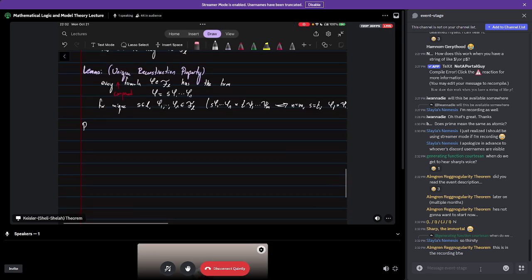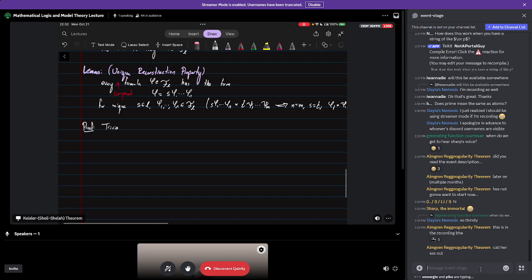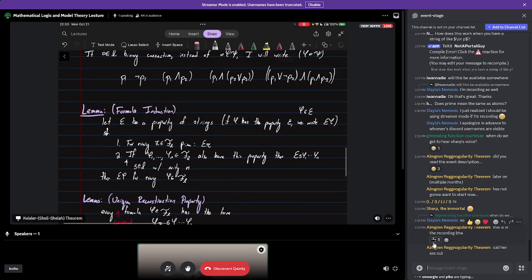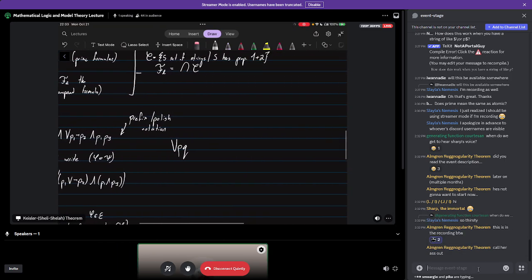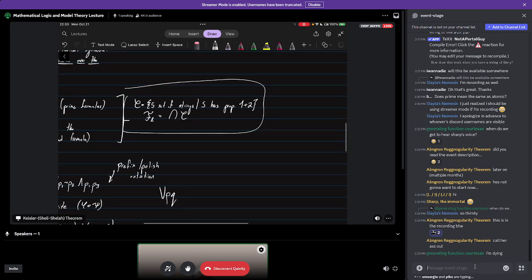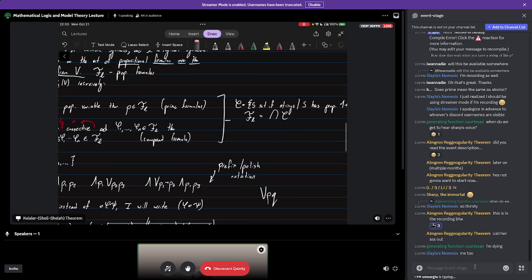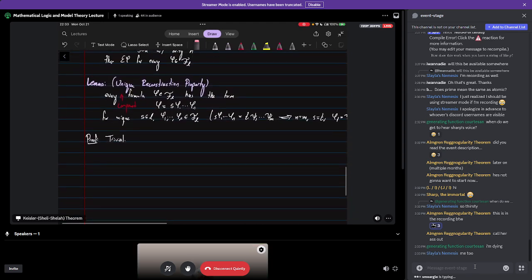And the proof, trivial. The proof is trivial because of this point here. It's the smallest set which has all these properties. And if you look at E, it has these properties.